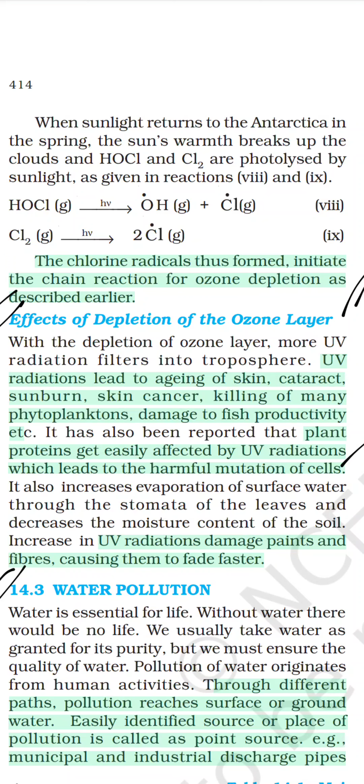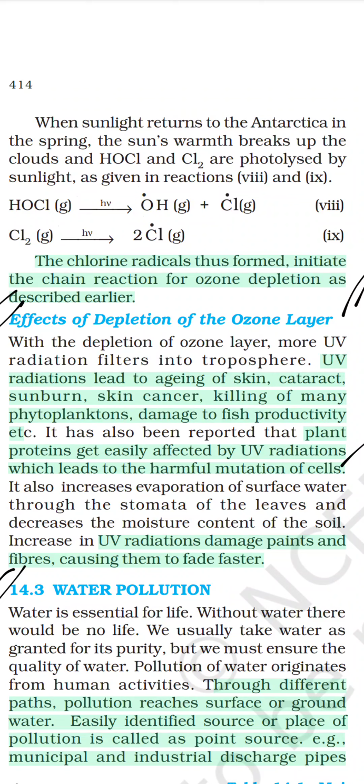When sunlight returns to the Antarctica in the spring, the sun's warmth breaks up the clouds and HOCl and Cl2 are photolyzed by sunlight as given in reactions 8 and 9.